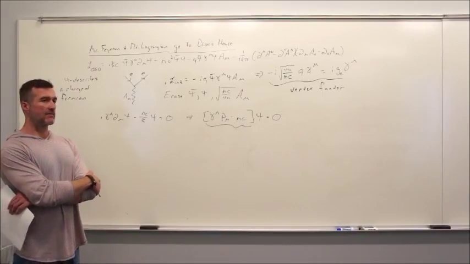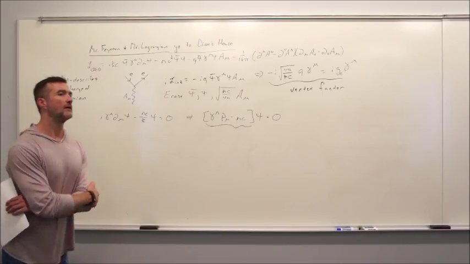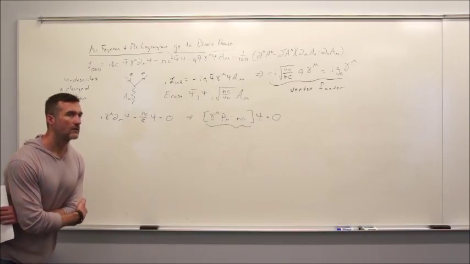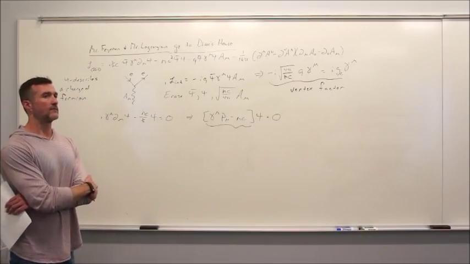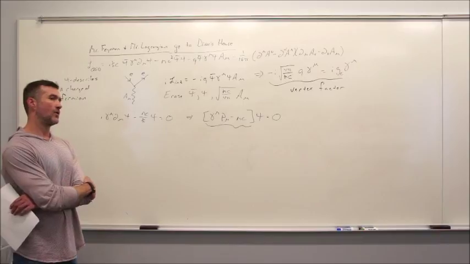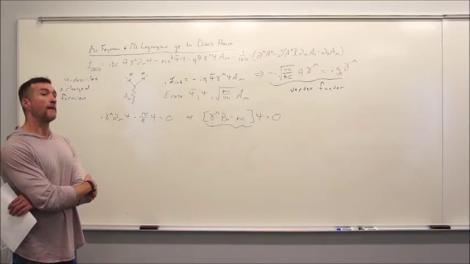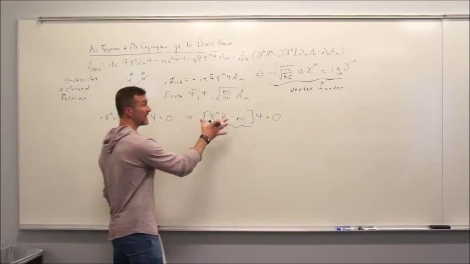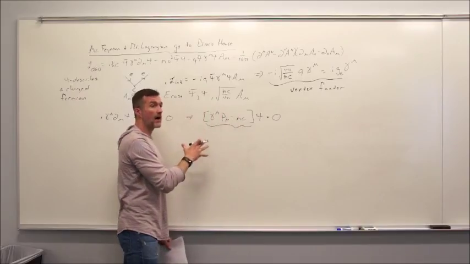So what did we do for the ABC theory to get the propagator? Yeah, we take the inverse of this thing and multiply by i.